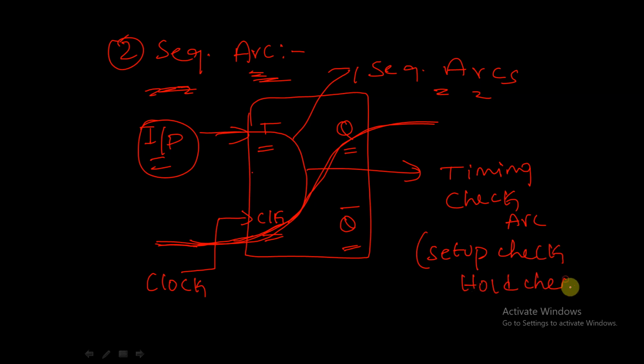The setup check and hold check will be performed between the clock and the input. We'll see how we are checking that. And one more is the delay check between the clock and the output. Between the clock and the output, this is called the delay check. Is it clear? Shall we move forward?